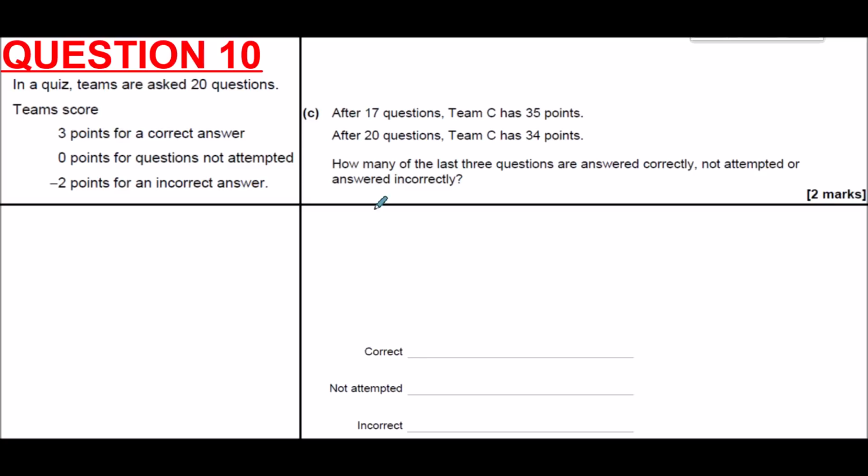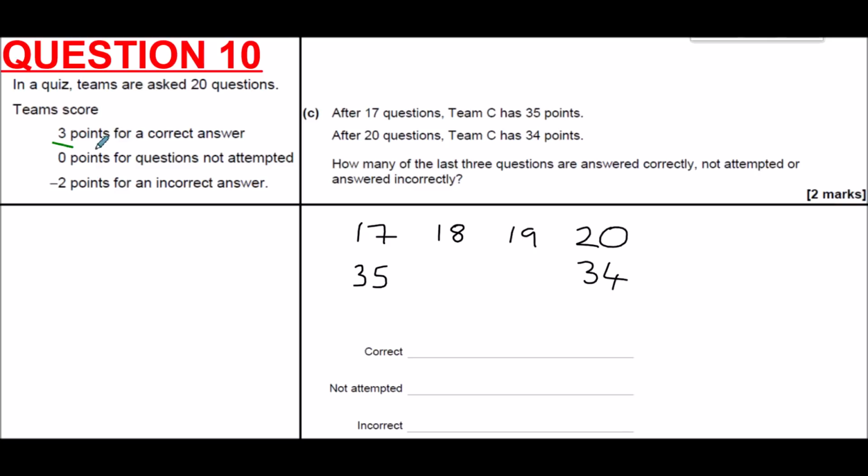After 17 questions, they had 35 points. After 20 questions, we must have answered another 3 questions: question 18, 19, and 20. So they end up with 34 points, and so overall they've lost 1.